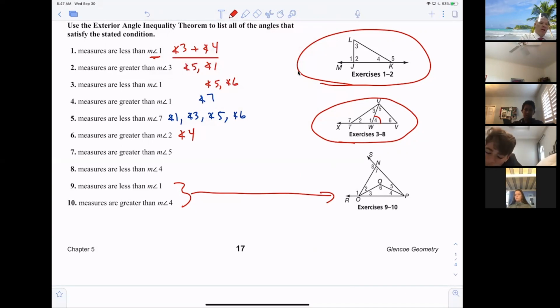Measures that are greater than angle 5. Yay, I think we're getting it now. Angle 1 and angle 7. Everybody okay with that? And then what angles are less than 4? Yeah, angle 2 and angle 3. Guys, I just think that's easy.